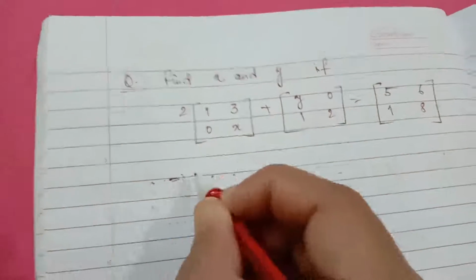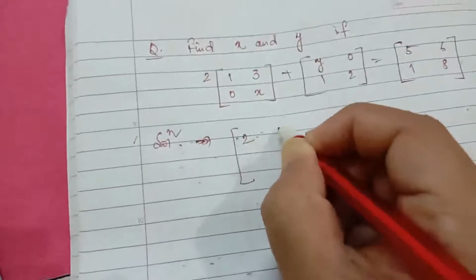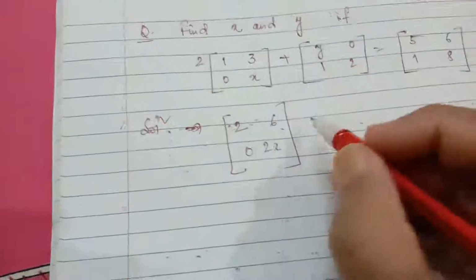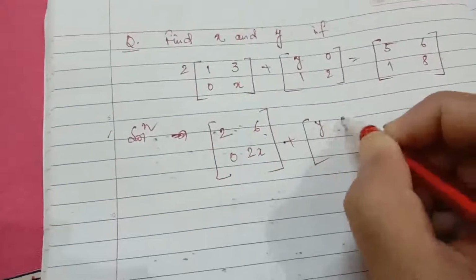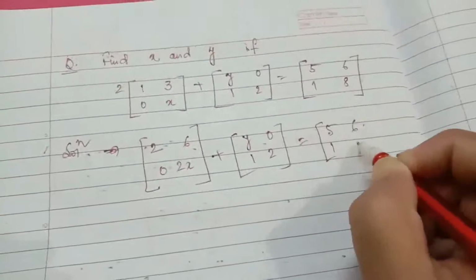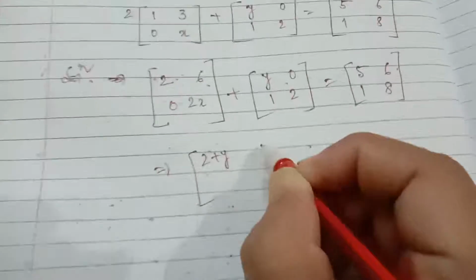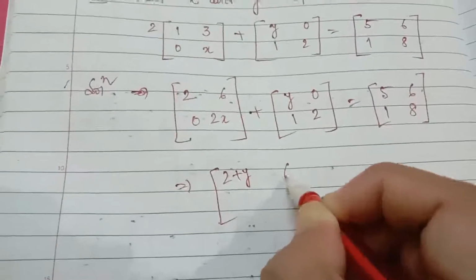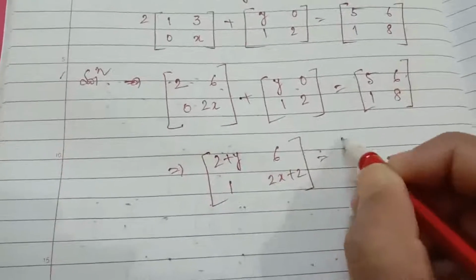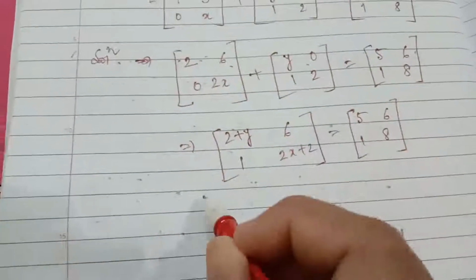First, let me write the solution. By scalar multiplication, this will be 2 6 0 2x, multiplying each element by 2, plus y 0 1 2 is equal to 5 6 1 8. If we add, this will be 2 plus y, 6, 1, 2x plus 2 is equal to 5 6 1 8.